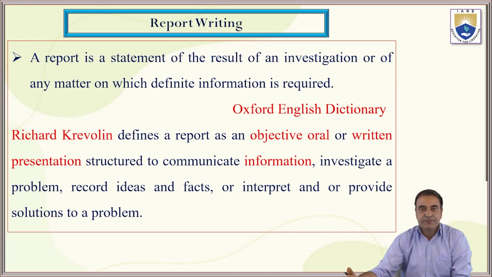For example, a report is actually a piece of investigation, an investigative piece. And the second important point is that in this investigative piece, we have to mention only and only definite information, that means information that's related to the subject.